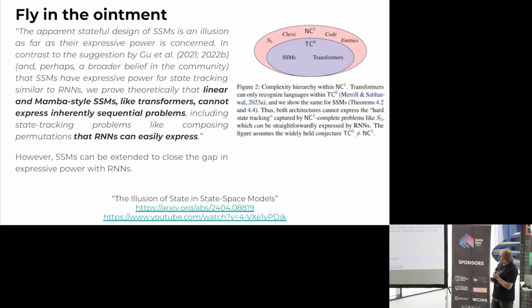But I want to finish on the important thing. There is a drawback with all these SSMs. SSMs have a perception in the industry and the field that they're kind of a replacement for RNNs. What's good with RNNs? RNNs are Turing complete.